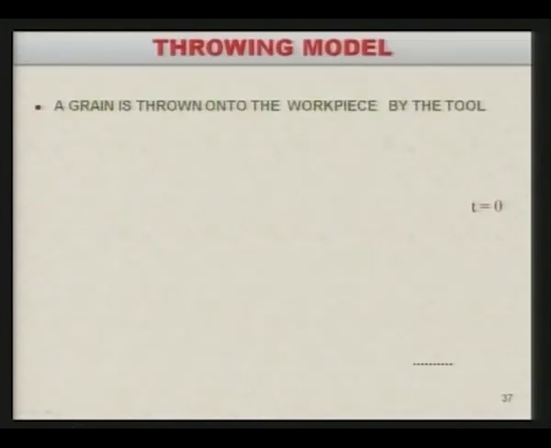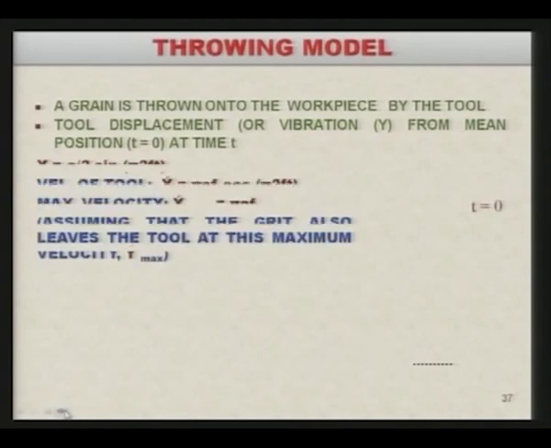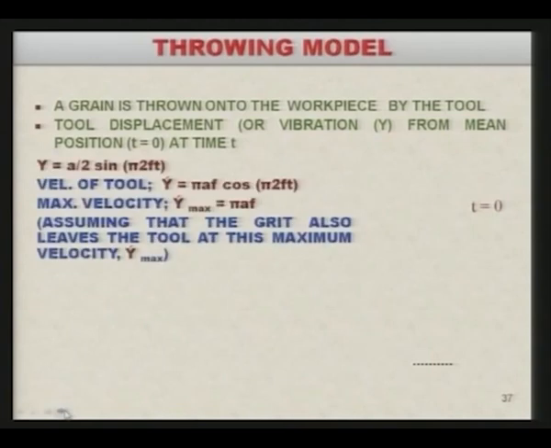Throwing model: a grain is thrown onto the workpiece surface by the tool. Tool displacement or vibration from the mean position at time t can be given by y is equal to a by 2 sin 2 pi f t.